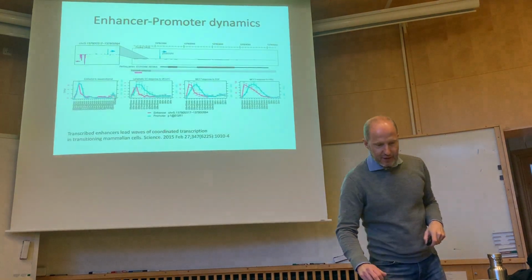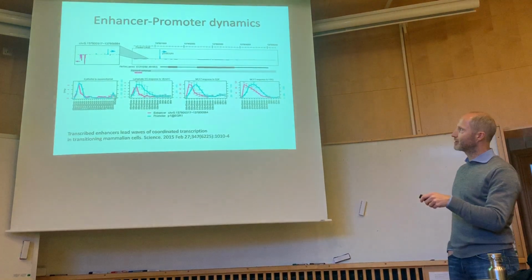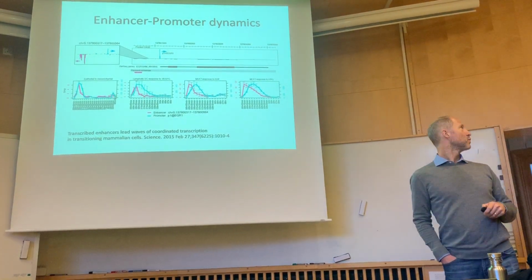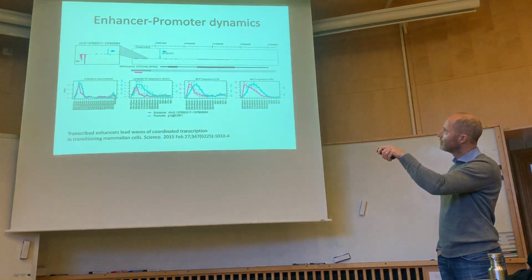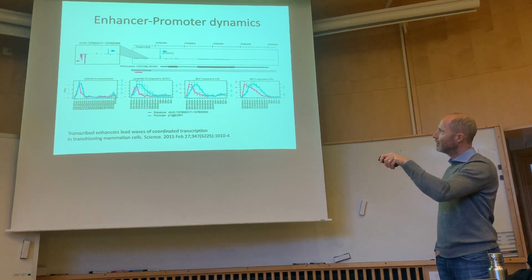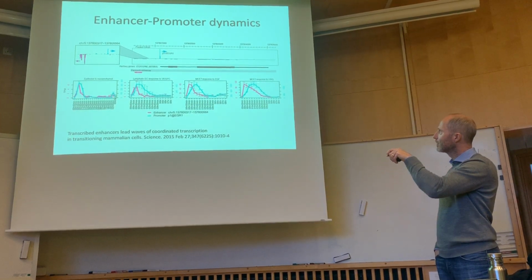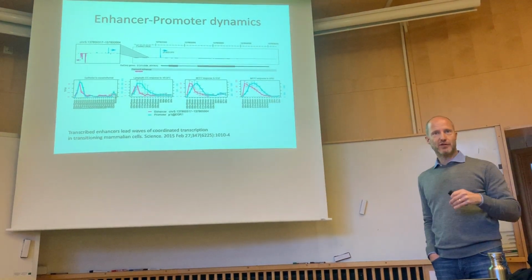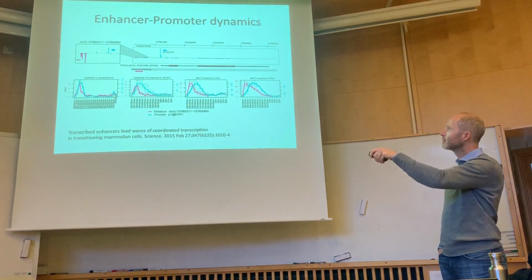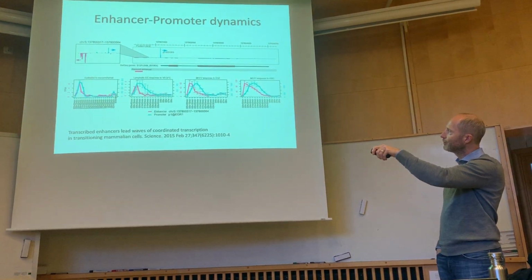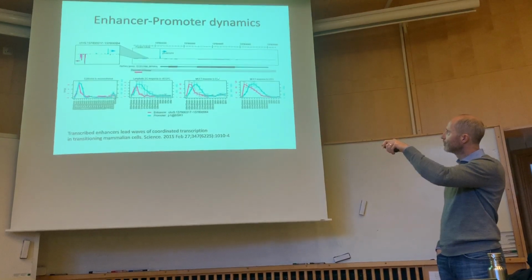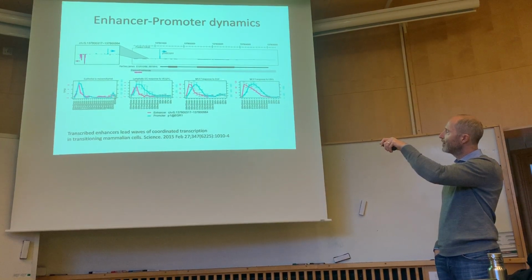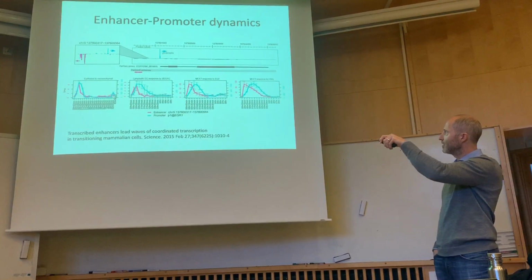What was interesting also is when you look at the dynamics of these enhancers. This is the same locus, the same gene and the same enhancer, and here we have 30 different time courses of immediate early responses, and here are just some examples, like the growth factor response of an MCF7 cell line.